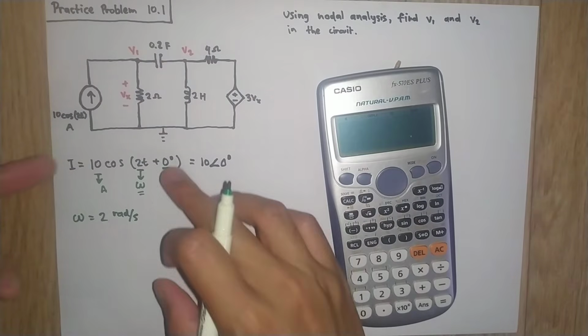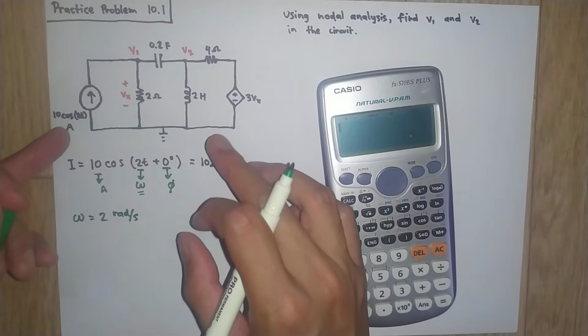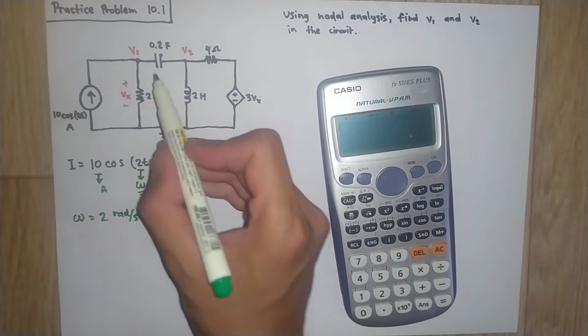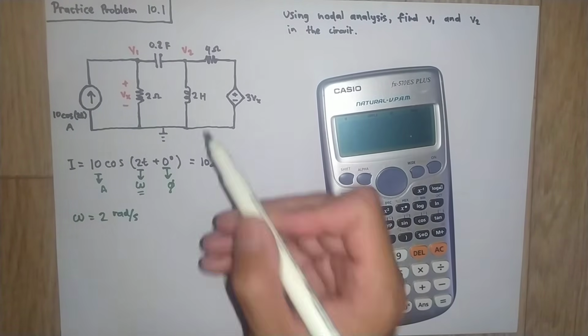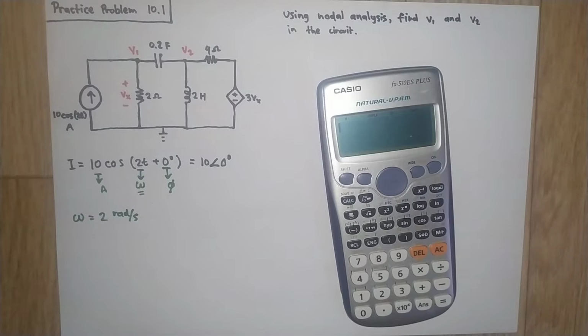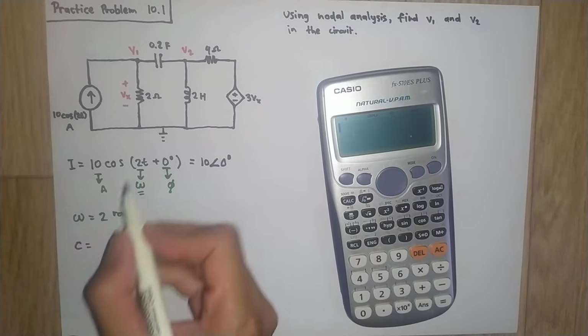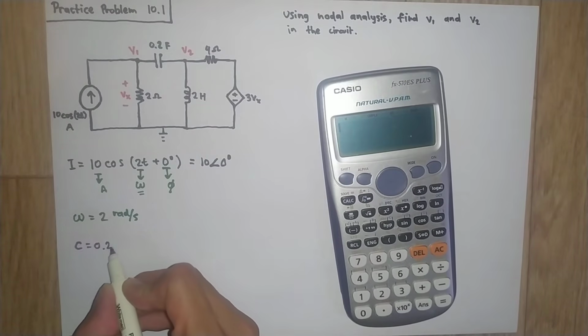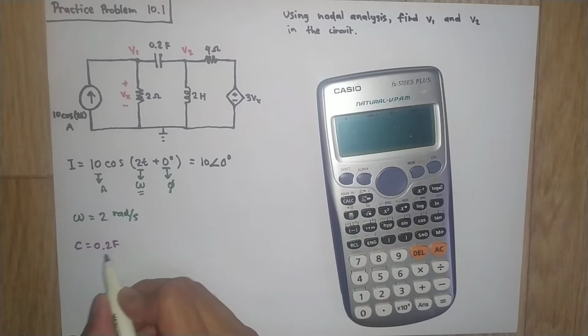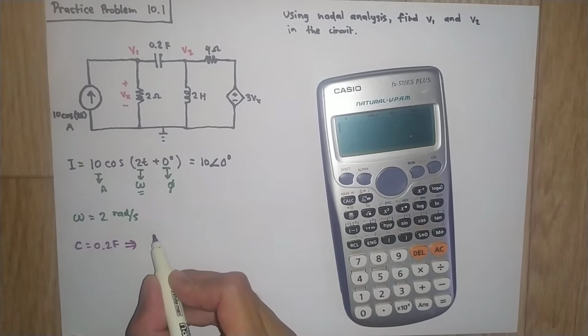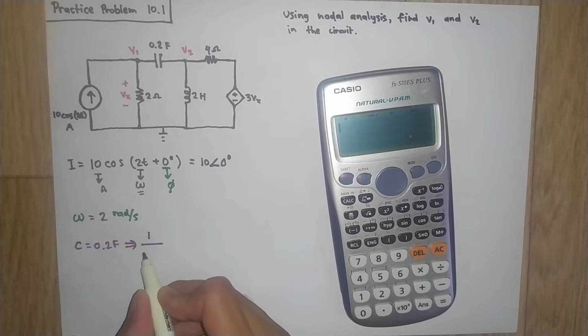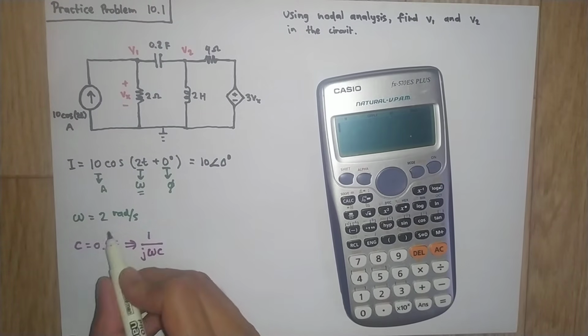Now we want to transform this circuit into the frequency domain, and we need to take care of the capacitor and the inductor. For the capacitor, it is 0.2 farad in the time domain. To change it into the frequency domain, we plug into the formula 1 over j omega C, where j is the complex number and our omega is 2.